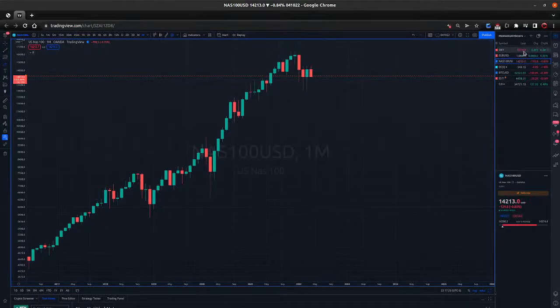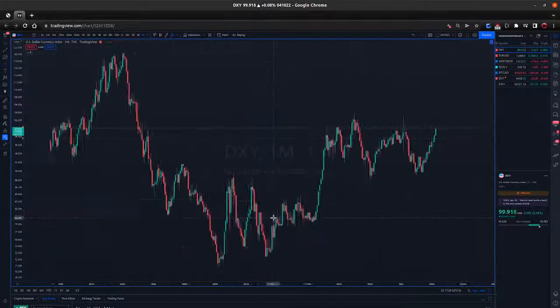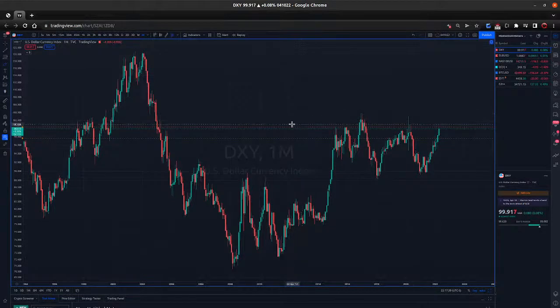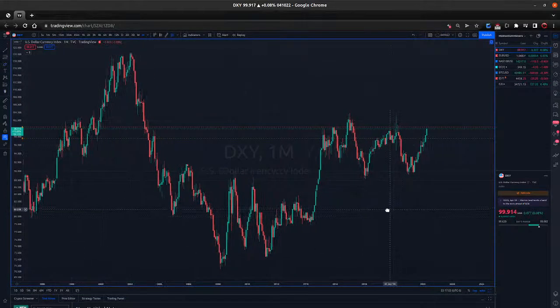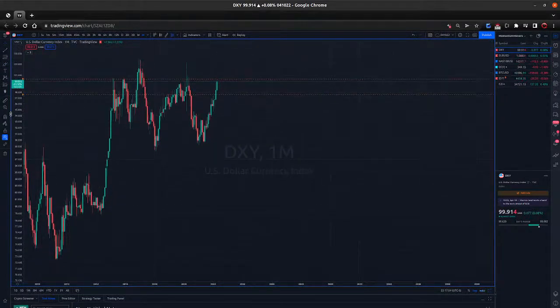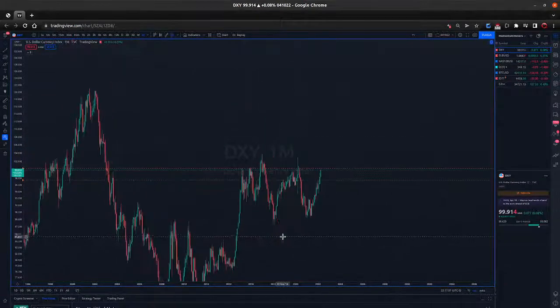We'll talk about this in coming weeks, months, years, however long this thing lasts. But basically, the dollar is increasing in value, and if you know any technical analysis, this is a bullish formation right here. This is just the thesis behind where I feel like the major trends are going.